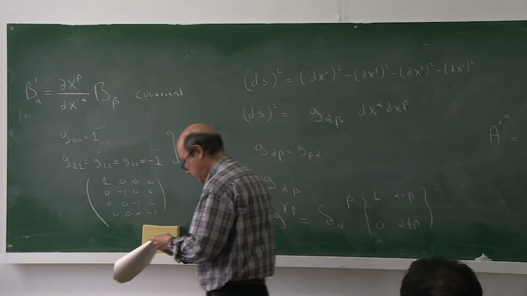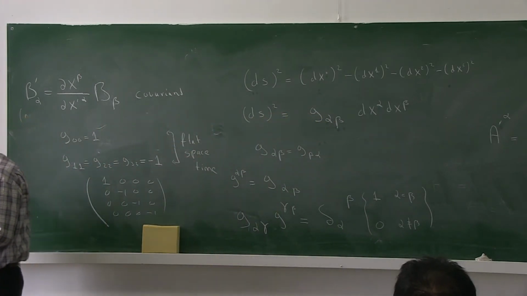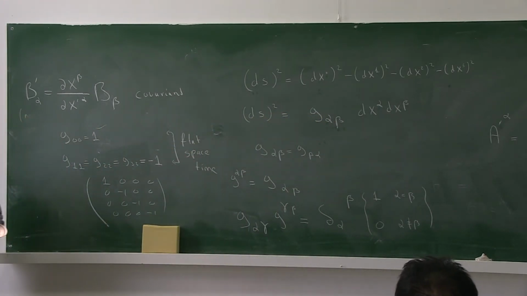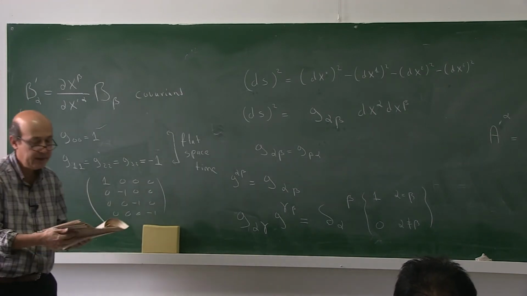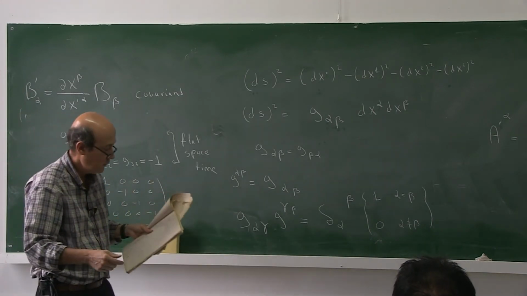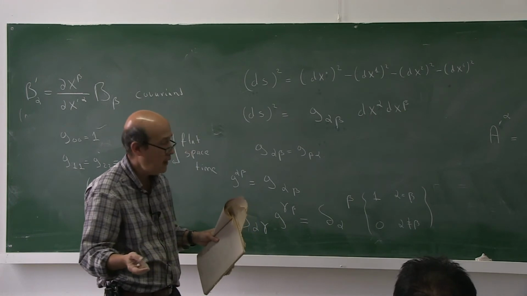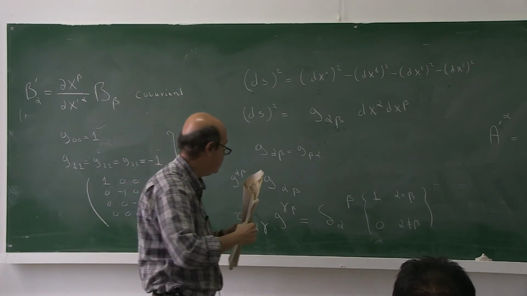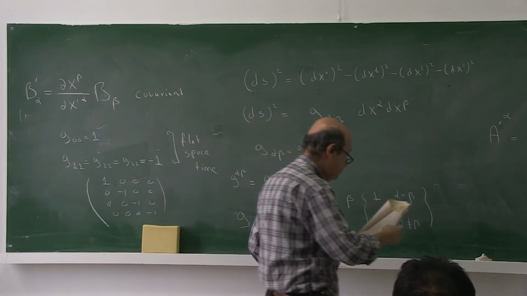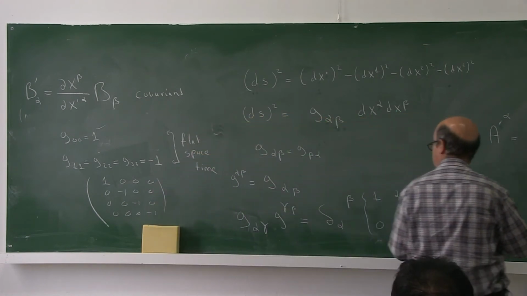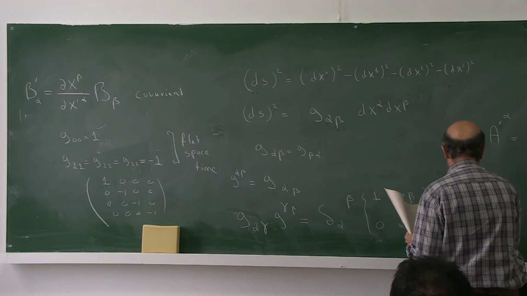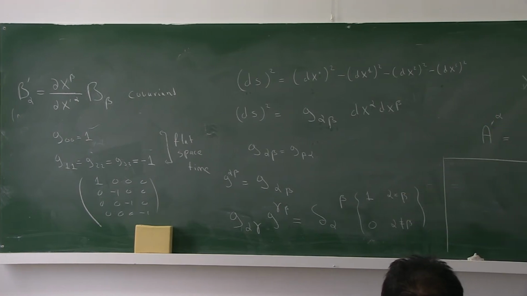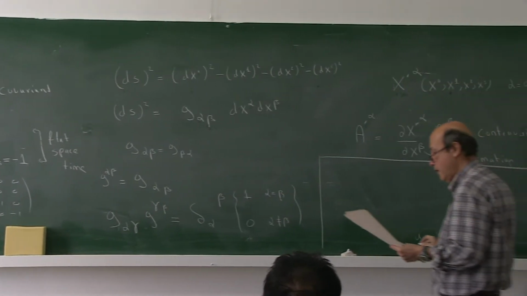These are the simple rules for the metric tensor, but the main job of the metric tensor is the following. You can make the contravariant to the covariant, covariant to the contravariant. This is an important job. So basically, let me show the following.